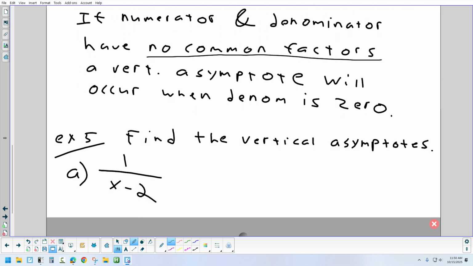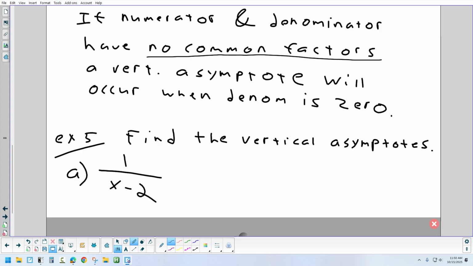Okay, so let's see if we can find the vertical asymptotes here. Are there any common factors in the numerator and the denominator in example A? What do you think, Lucas? No, there's no common factors here. There's no x minus 2 at the top. Okay. So that means wherever the denominator is 0, that's your asymptote.